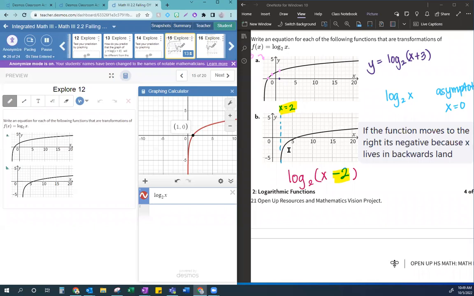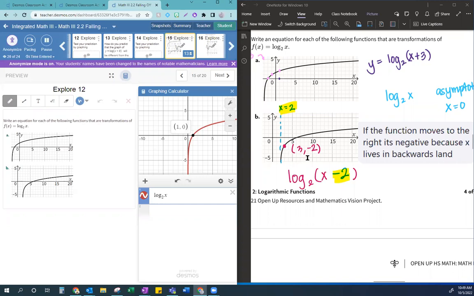That point right there. So I'm going to tell you what point that is. It's the point 3, -2. So Ms. Johnson, you're saying that this point 1, 0 got translated to 3, -2?